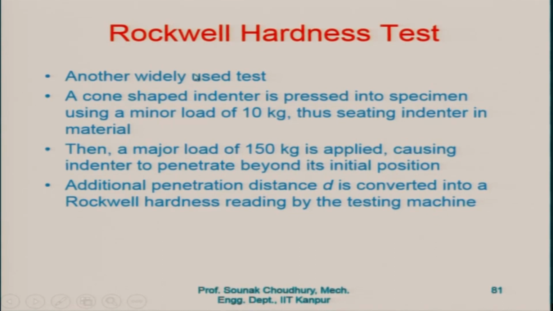So, once again there is a cone shaped indenter, it is first pressed lightly, with a load of, let us say, 10 kilogram. When it has made an indentation, it has made a mark.